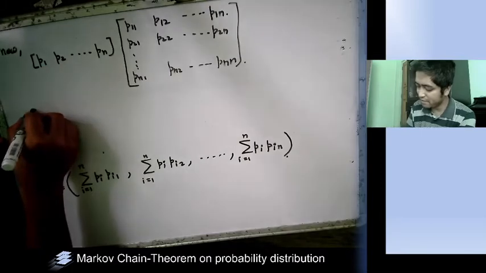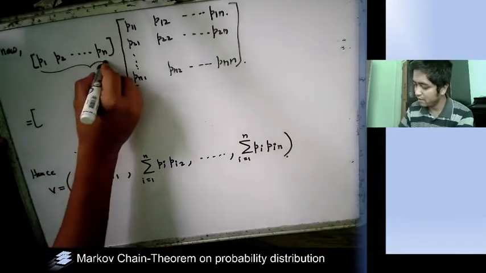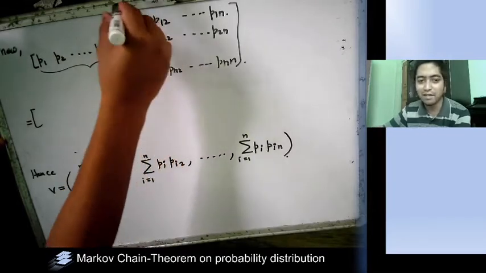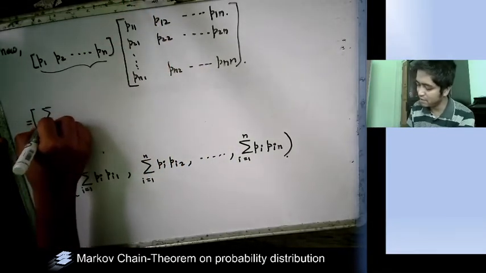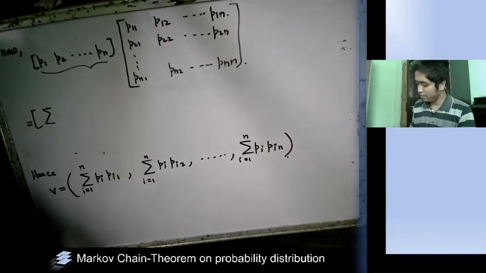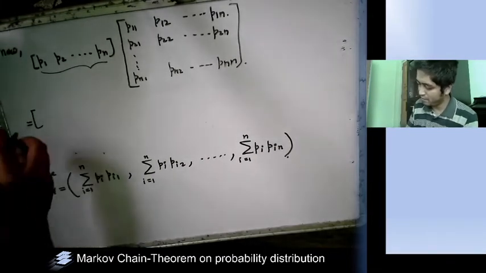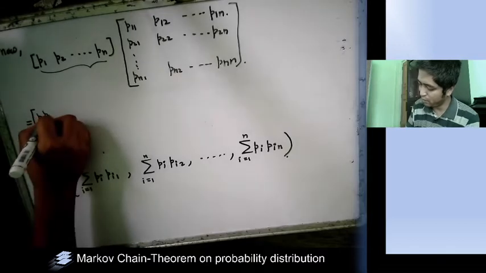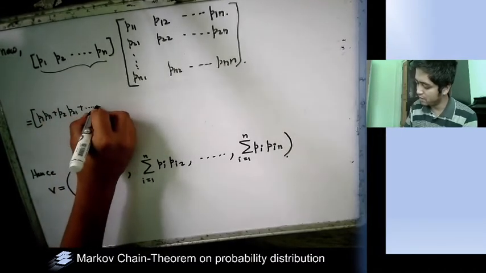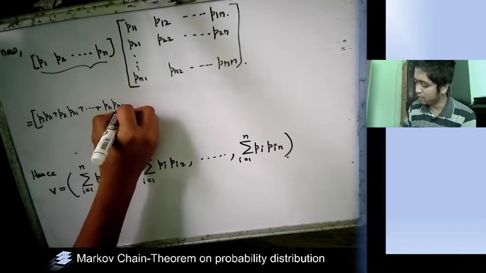So the first entry will be this row multiplied by this column, which will be P1 P11 plus P2 P21 plus Pn Pn1.